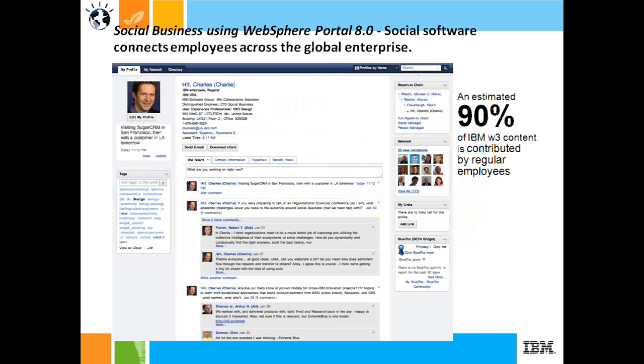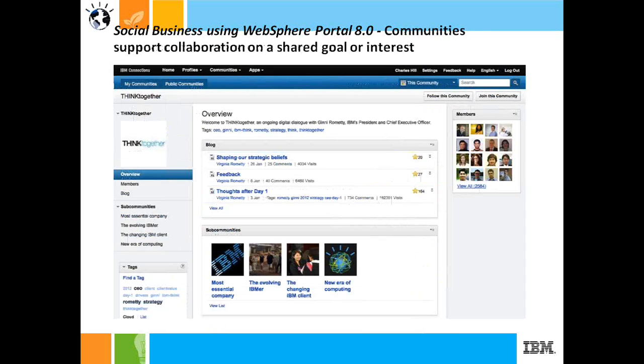So when I was talking about all these features, in a nutshell, you are going to get something like this. This is implemented in IBM, and what we have found is that an estimated 90% of the IBM content that is generated is contributed by regular employees. This is the same example where a community supports collaboration on a shared goal or interest.